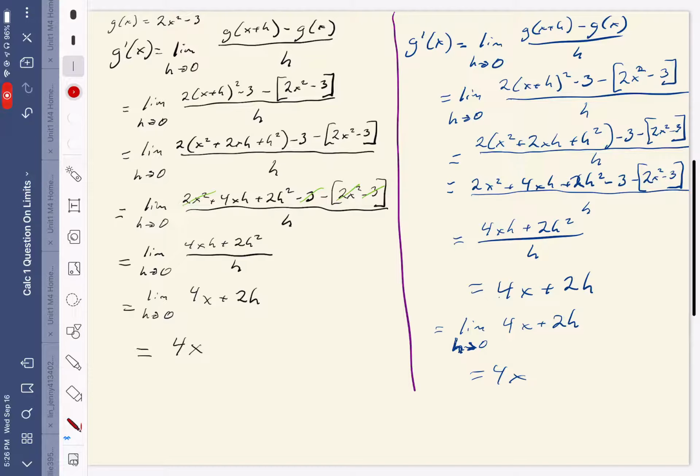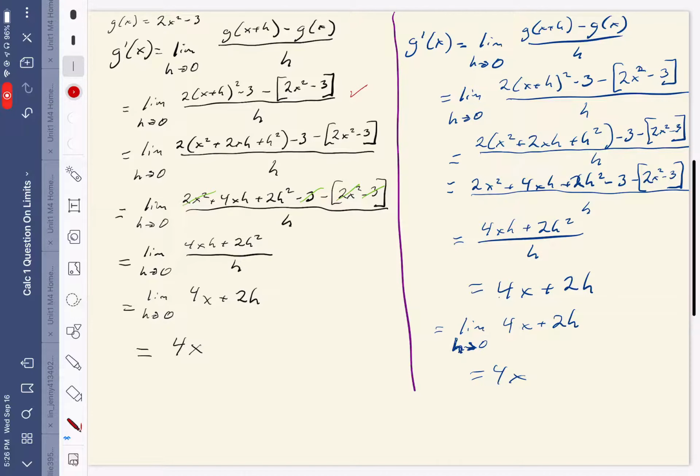And the problem with that is the use of setting up things equal to each other. When you're saying that one thing is equal to another thing, that means that they are totally equivalent. So here, all the way down on the left-hand side, I'm saying, okay, I need to take the limit of this expression.